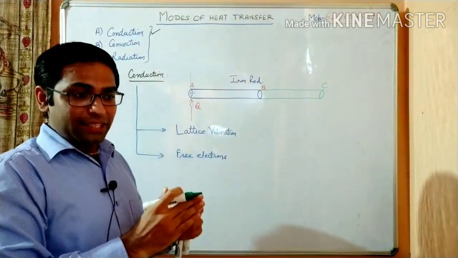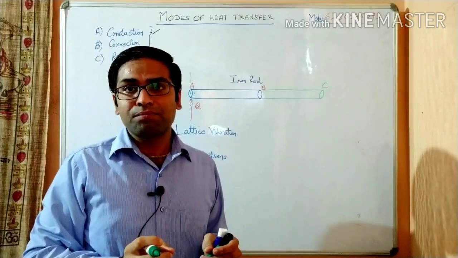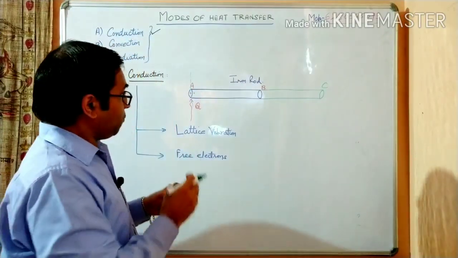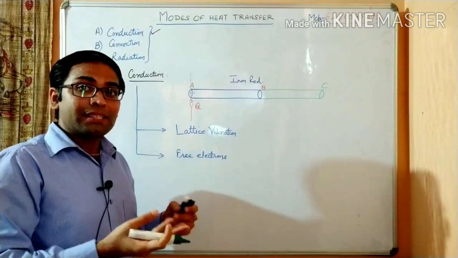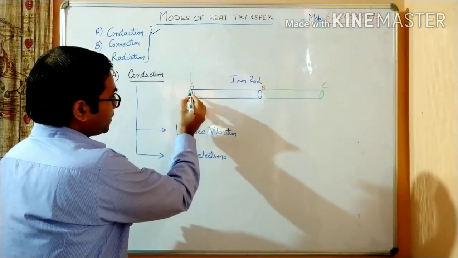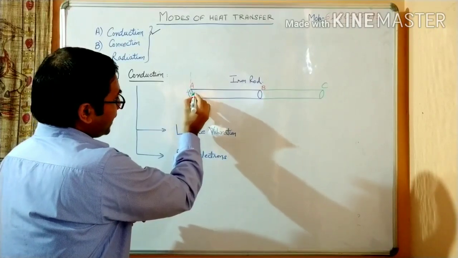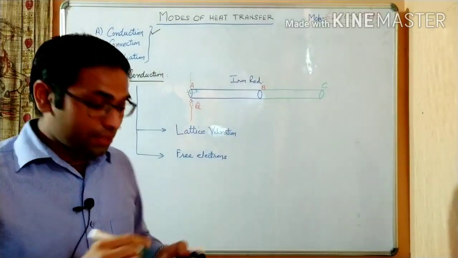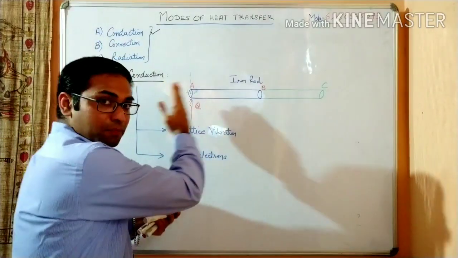It doesn't let it go and leave the surface. It tends to restrict it. So ultimately what possibility is left behind? Let the first molecule be molecule 1 and the second molecule be molecule 2. Now the molecule 1 starts vibrating about its mean position.